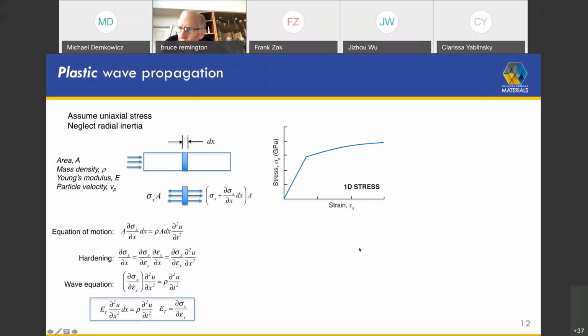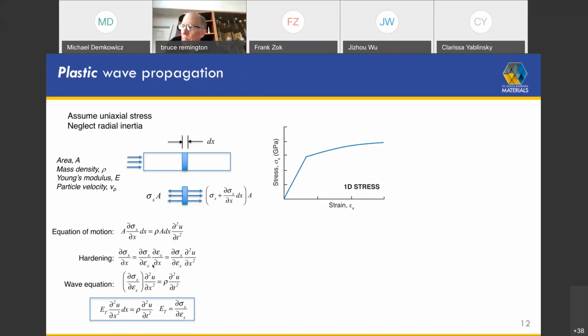We go through the same sort of analysis. We write the equation of motion. That's identical to what we had before. In this case, d sigma dx, we cannot write in terms of Hooke's law because the material is no longer elastic. But we can write it, just expanding this d sigma dx, in terms of the hardening rate, d sigma x d epsilon x, times the gradient d epsilon x dx.